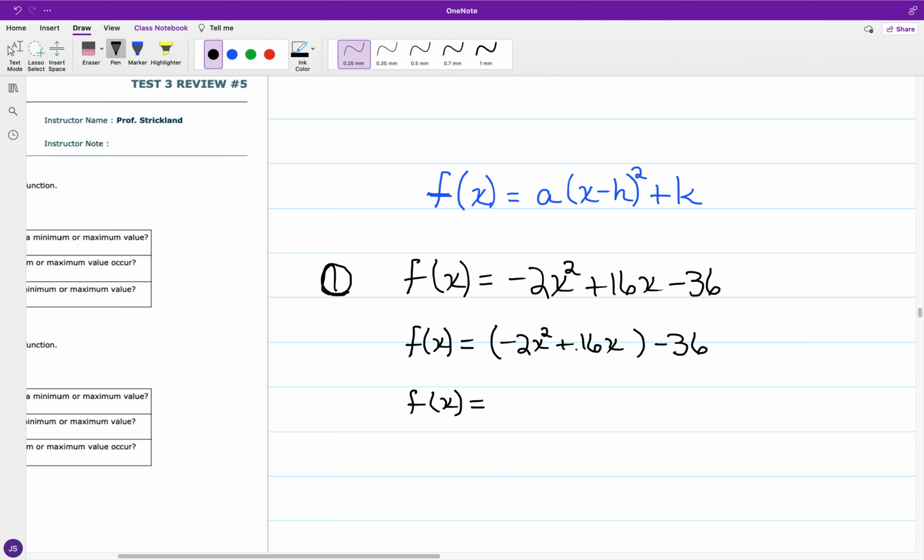I want the first term in the parentheses to be x squared without any coefficient other than 1 in front of it. If I factor out the leading coefficient, negative 2, I have negative 2 times the quantity x squared, and negative 2 into 16x is going to be negative 8x, followed by the subtraction of 36.